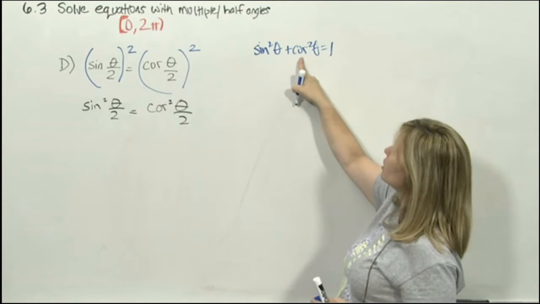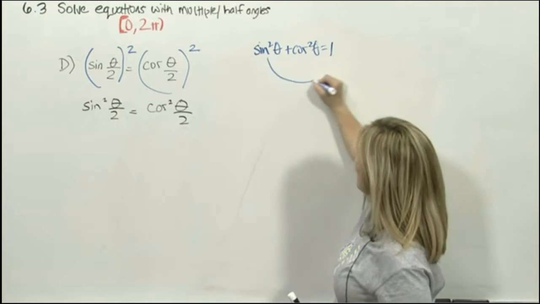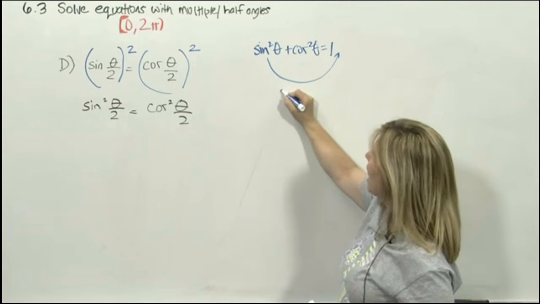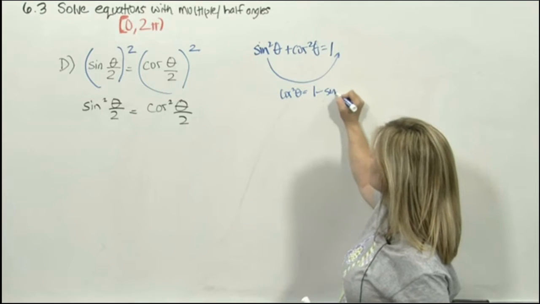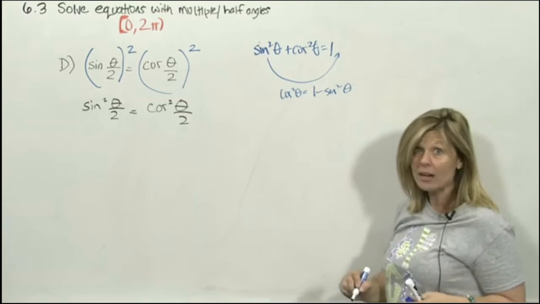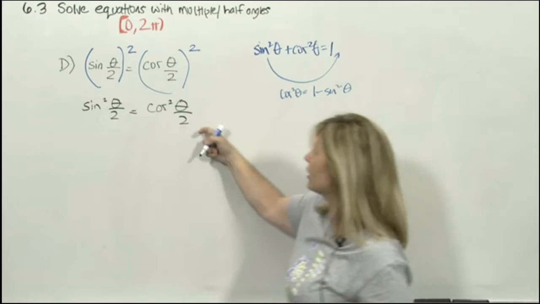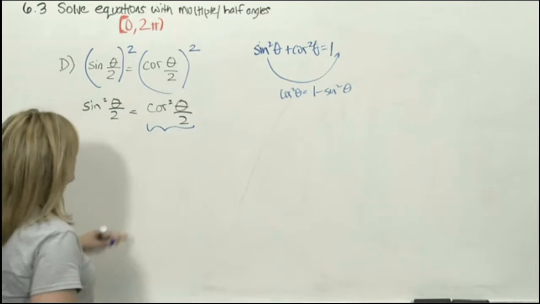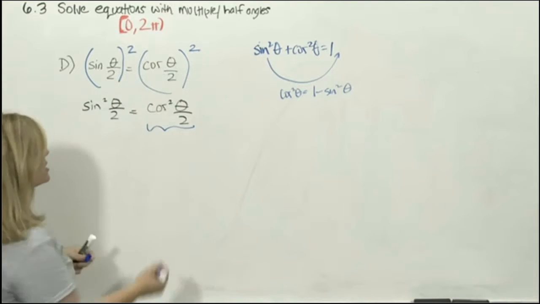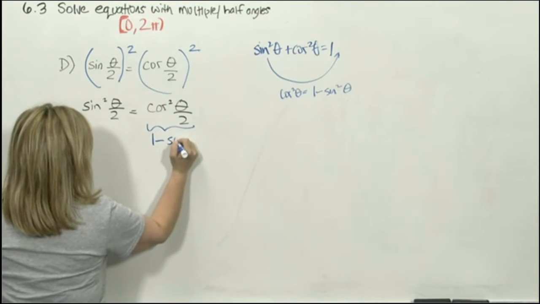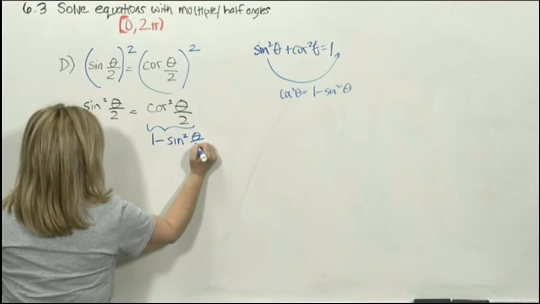If I want to replace cosine squared theta, I'd move that sine squared theta. And I know cosine squared theta is 1 minus sine squared theta. Correct? Well, that's what I'm going to do here, guys. I'm going to replace this. Now that I made it a square by doing legit, balancing both sides, I can replace this with 1 minus sine squared theta over 2.